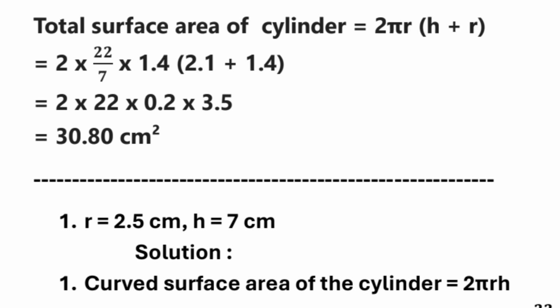1.4. Now here this 1.4 is divisible by 7, therefore 7 twos are 14, but here in 1.4, 1 is smaller than 7, so we write 0.2. Did you get this? Now here after this, 2 into 22 means 44.